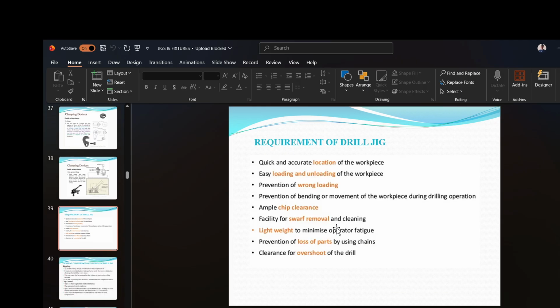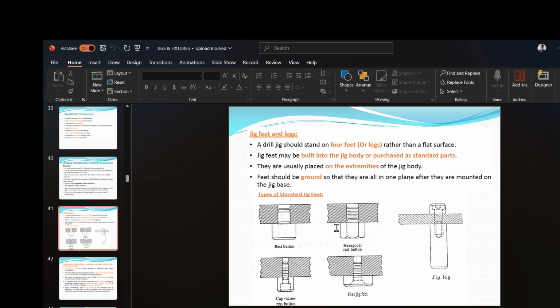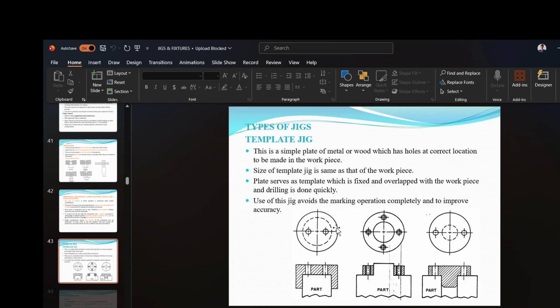Requirement of drill bushes. General consideration in designing a drilling jig: jig feet and legs, drilling machine, wire resistance, loading and unloading, rejection of the workpiece, coolant accommodation.